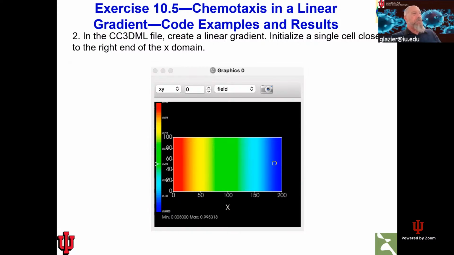In the POTTS specification, you have to say that it's periodic. Here: boundary underscore X periodic, boundary underscore Y periodic.